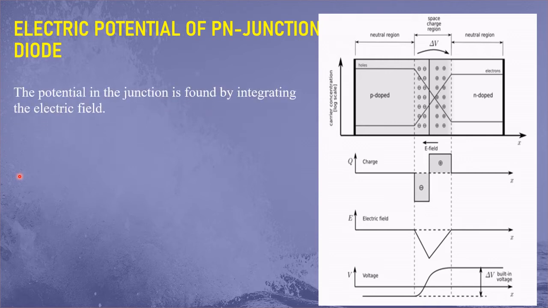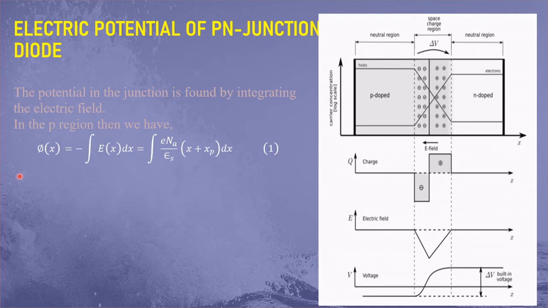The calculation can be done in this way: electric potential phi(x) is equal to minus the integration of E(x) dx.